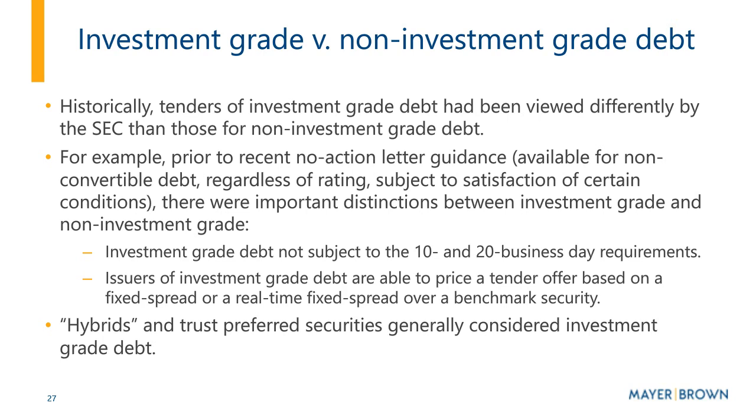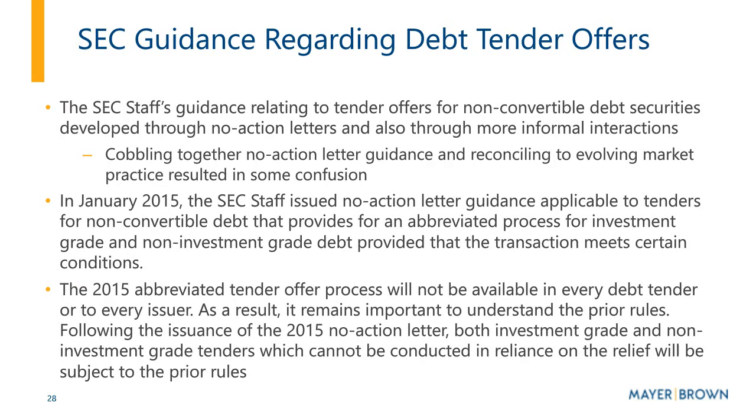The SEC staff guidance relating to tender offers for non-convertible debt securities developed through no-action letters and also through more informal interactions. In January 2015, the SEC staff issued no-action letter guidance applicable to tender offers for non-convertible debt that provides for an abbreviated process for investment-grade and non-investment-grade debt, provided the transaction meets certain conditions.